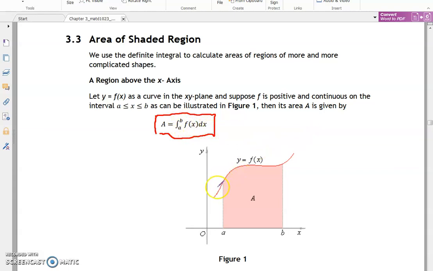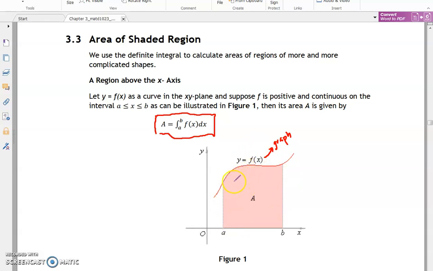So let us examine this graph. You have the function f(x), so the graph y equals f(x) refers to your graph. Let's say I want to calculate the area A here.